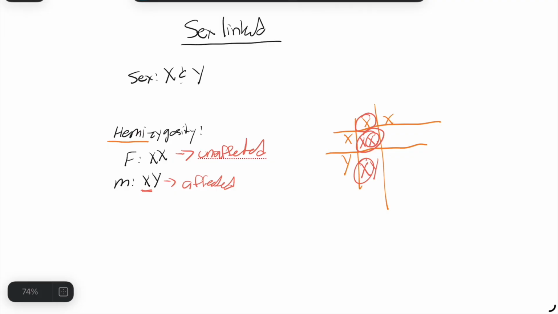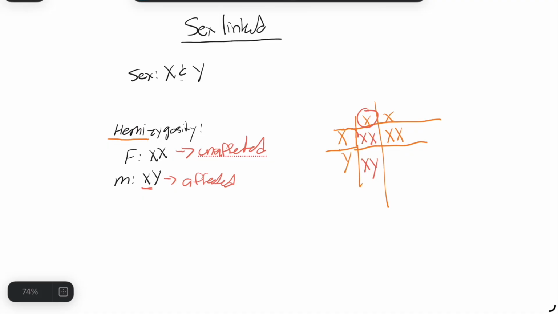So the female will be the carrier because she still has that healthy X chromosome. The male will be affected because he does not have anything to mask it. And for the other two possibilities, we will have either a healthy female or a healthy male.